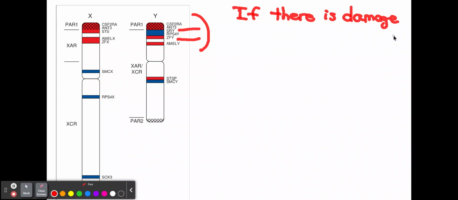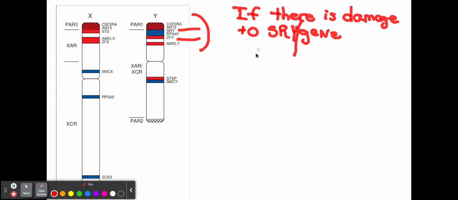They will be, let's write that down too. They will be, if there is damage during embryonic development, that is, if there is damage to the SRY gene. I should have spaced it there. Looks like spy. The SRY.